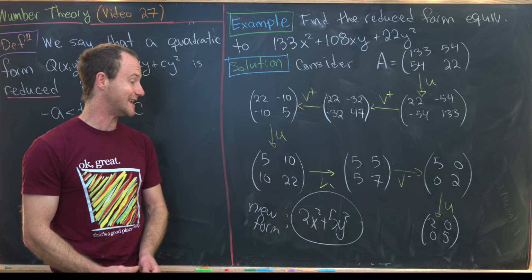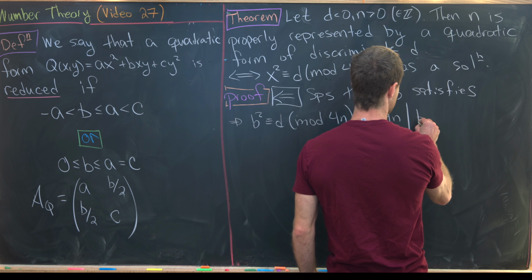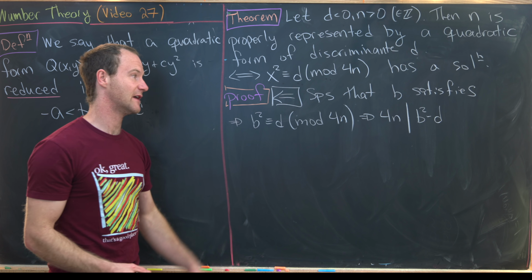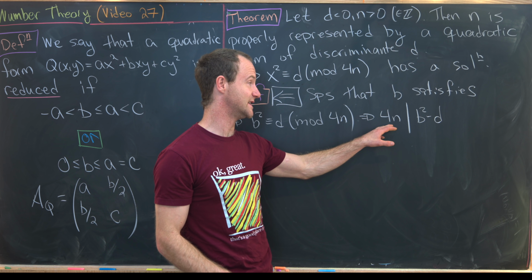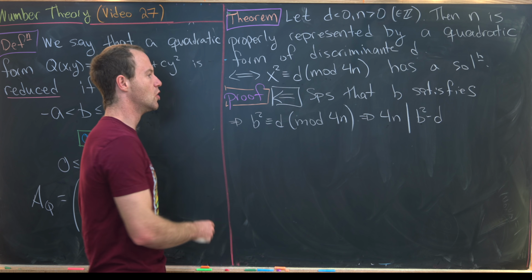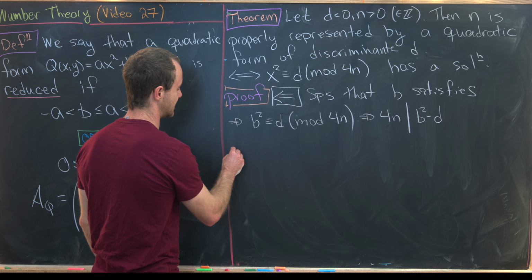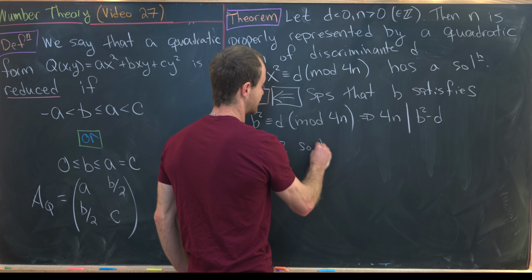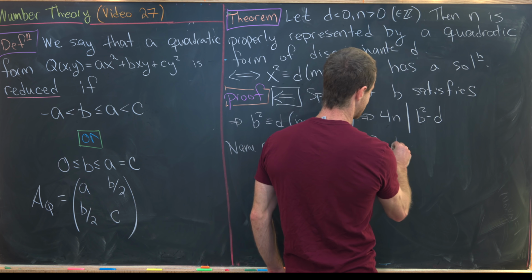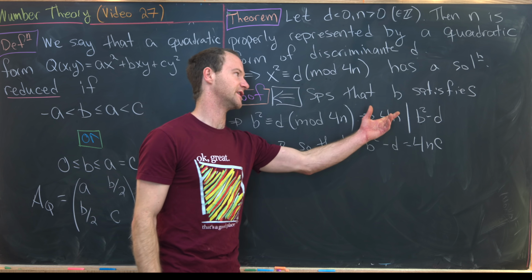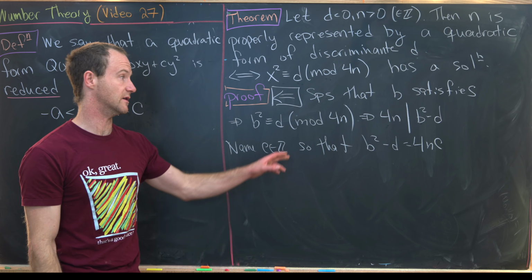So by the definition of congruence, this means that 4N divides B squared minus D. But then by the definition of divisibility, that means there's an integer such that 4N times that integer equals this stuff over here. Well, let's just call that integer C. So we'll just name the integer C so that B squared minus D equals 4NC. In other words, that's like building off the definition of divisibility there.